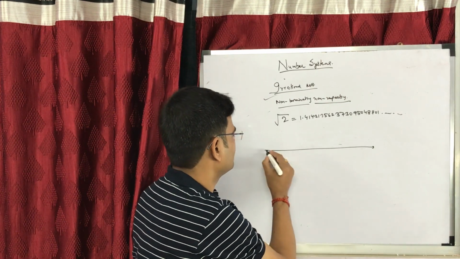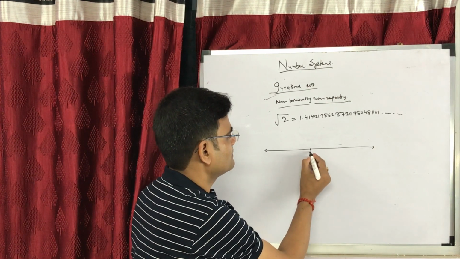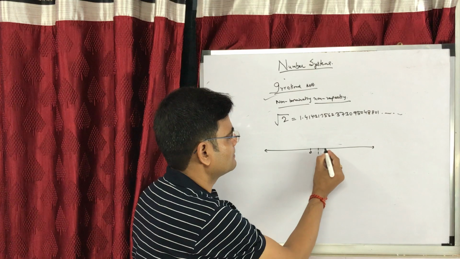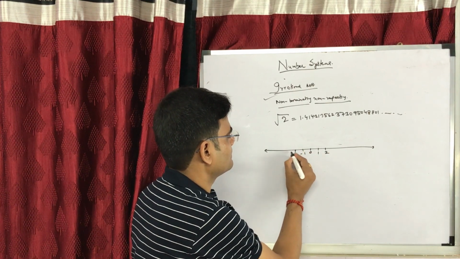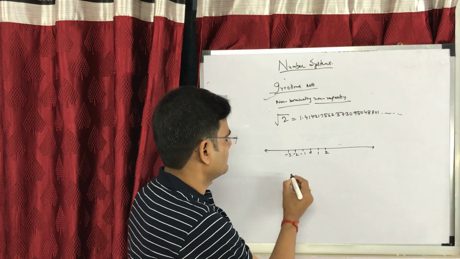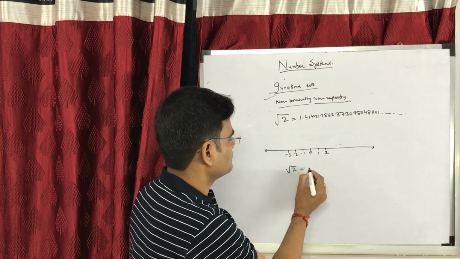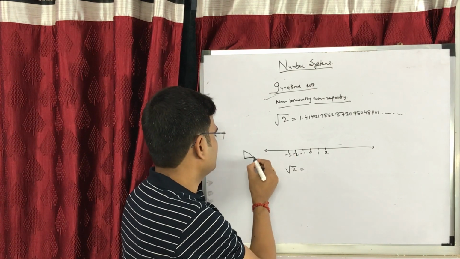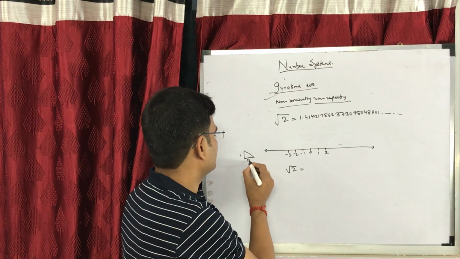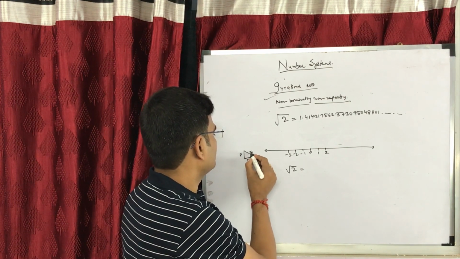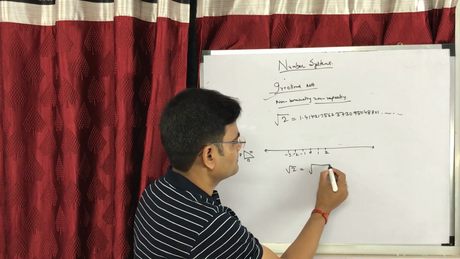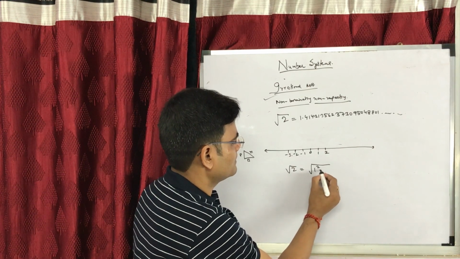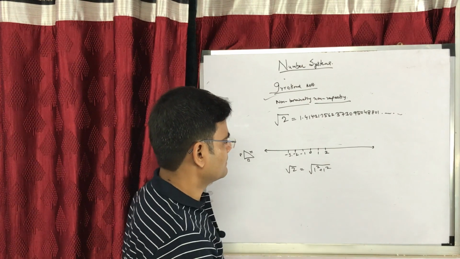How do you find it? If you are asked to find an irrational number on the number line, say root 2, you know Pythagoras theorem: base square plus perpendicular square is hypotenuse square. So root 2 is the square root of 1 square plus 1 square, right?